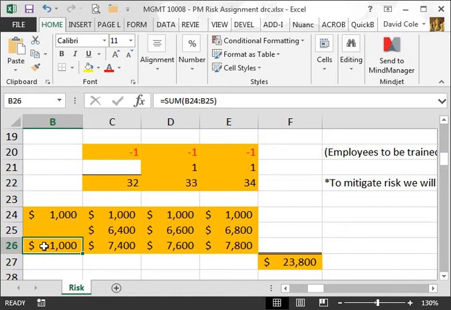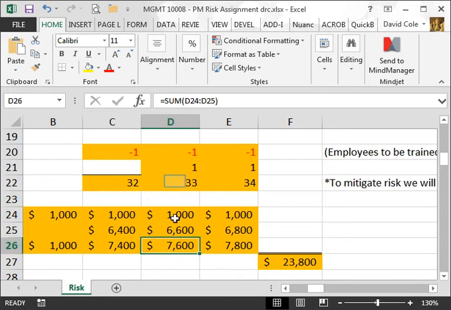So the total for the pre-training day would be the cost of the trainer, which in this case is $1,000. We have the total cost per day for the first day of training is $7,400 because we only trained 32 people at the cost of $200 per day.